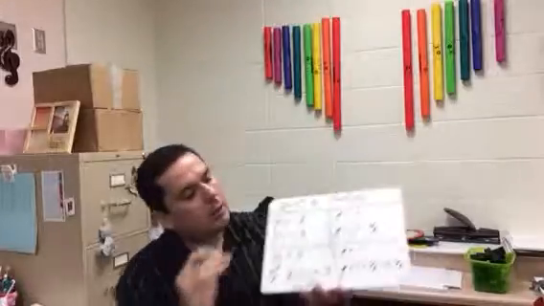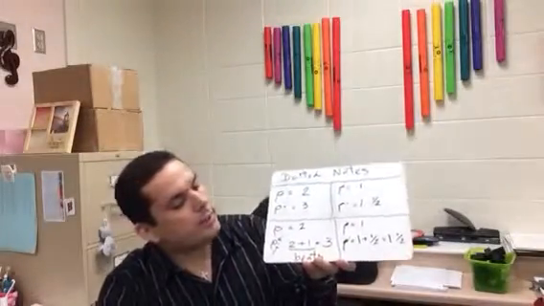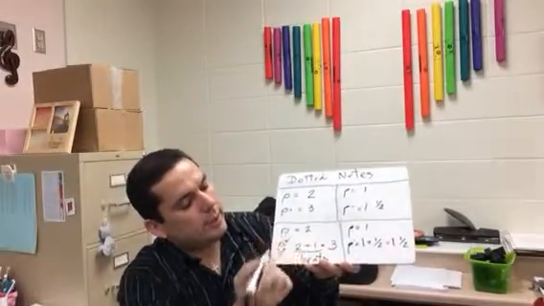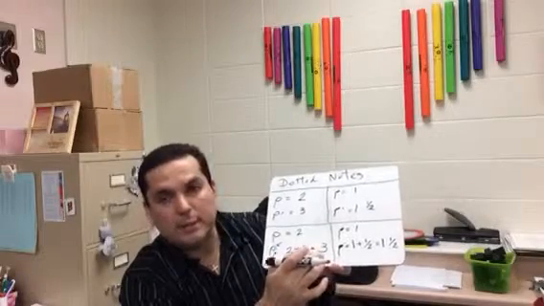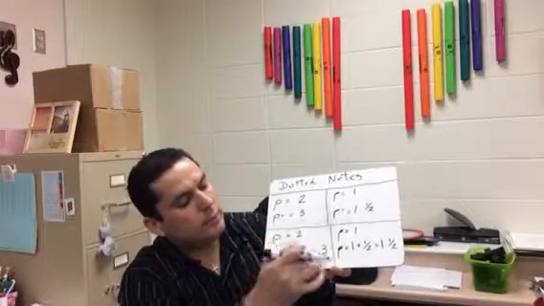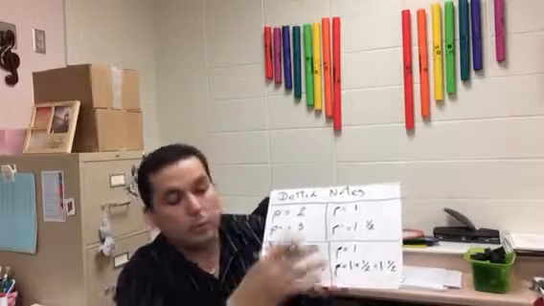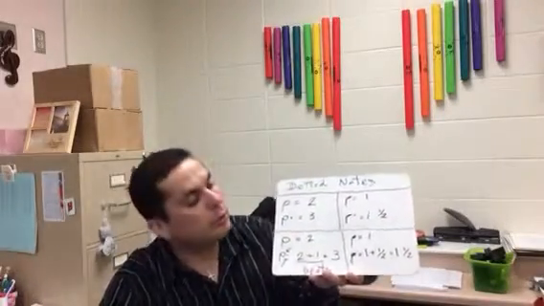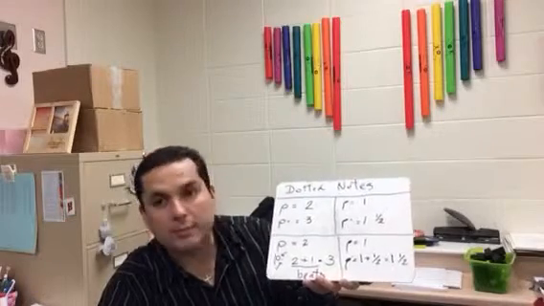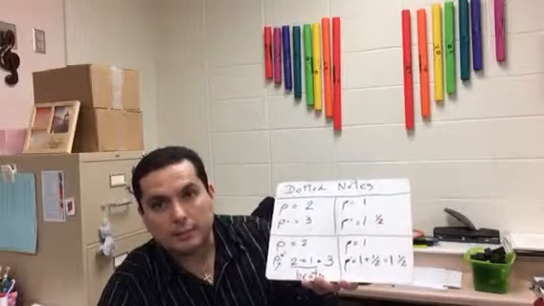So dotted notes are very important because they allow you to make notes longer. And since we don't have a note that is 3 beats long, we use the dot to add half of the value of that note. And these are dotted notes. So you'll be using these notes when you compose in the advanced section on Classics for Kids.